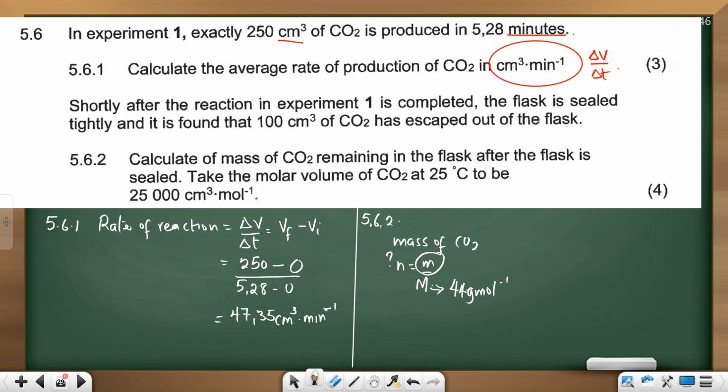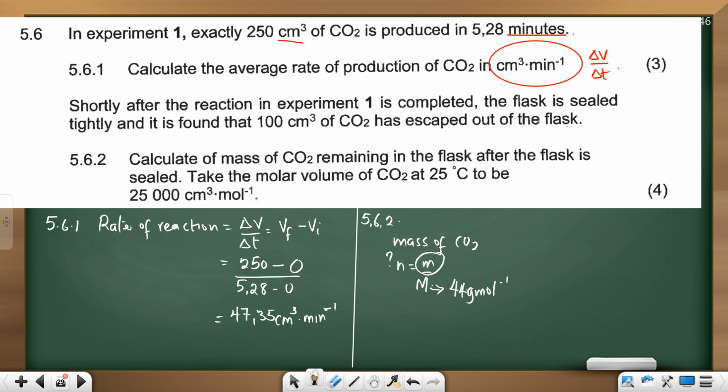Now, shortly after experiment 1 is completed, the flask is sealed. So they allow the experiment to go through. Flask is sealed tightly. It is found that 100 cm cube of carbon dioxide has escaped. Calculate the mass of carbon dioxide remaining in the flask after the flask is sealed. Now, this is after the 100 cm cube has escaped.